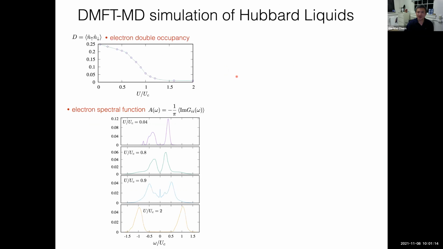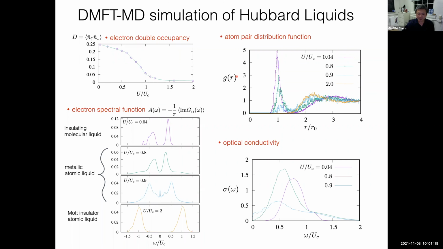And this is the result of our DMFT MD simulation. One important point I want to make is this is the first MD simulation which can show the spectral function of the electrons. Even DFT MD, because it is based on an effective single particle Schrödinger equation, doesn't give us this electron spectral function.